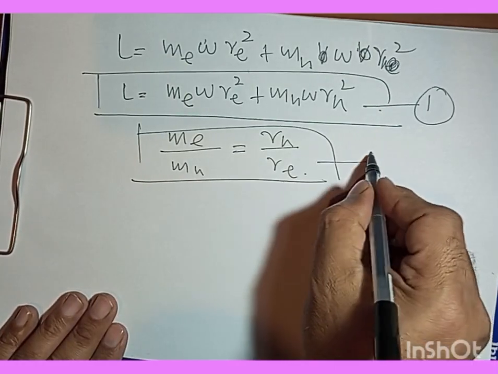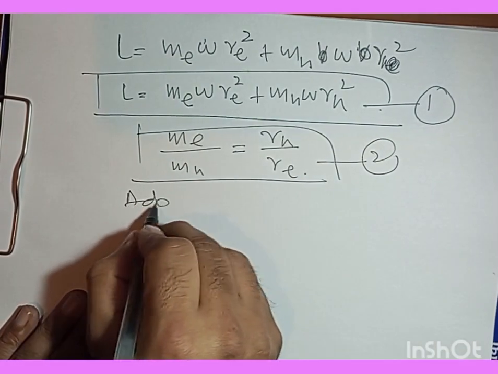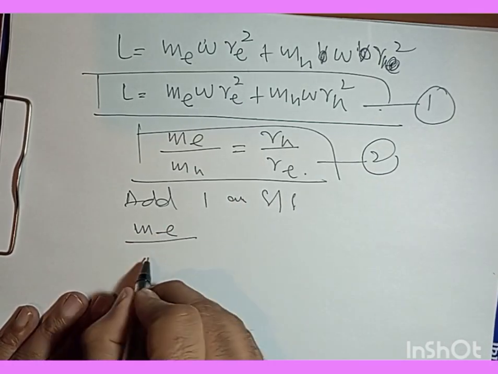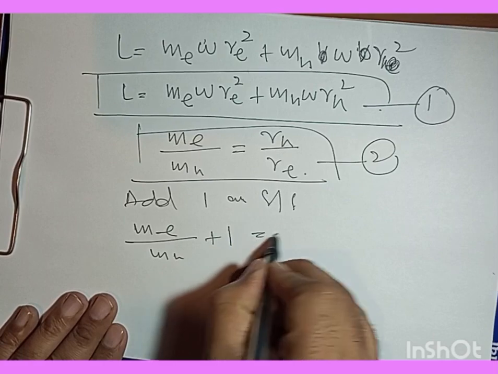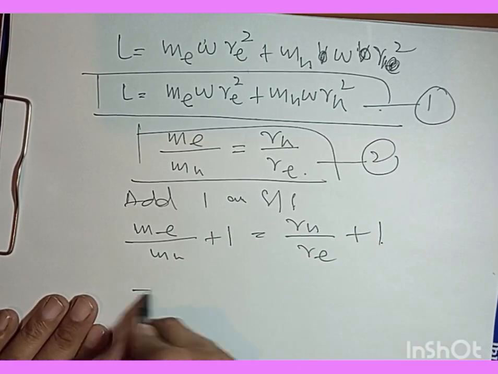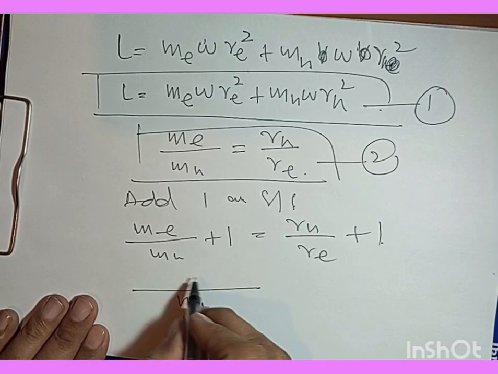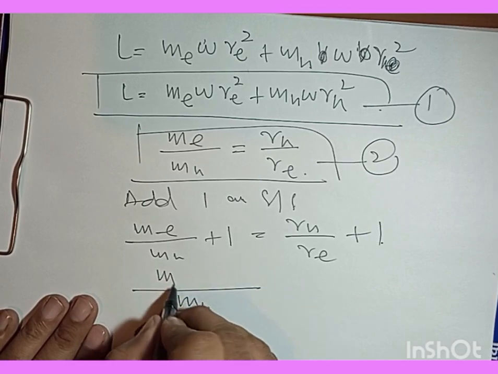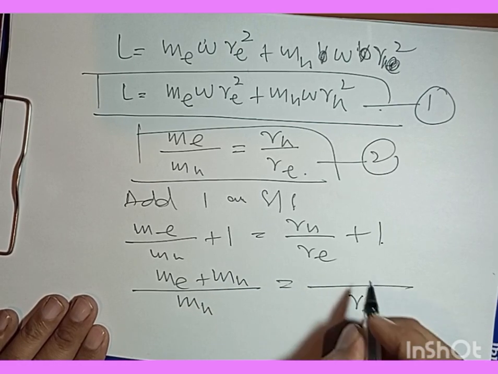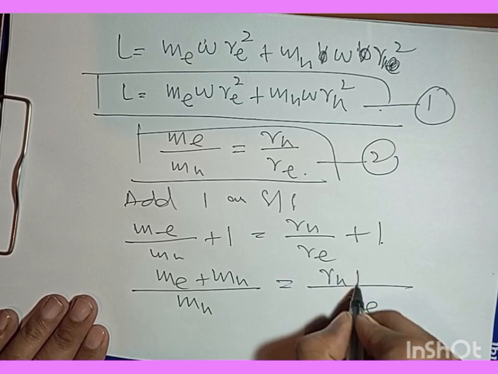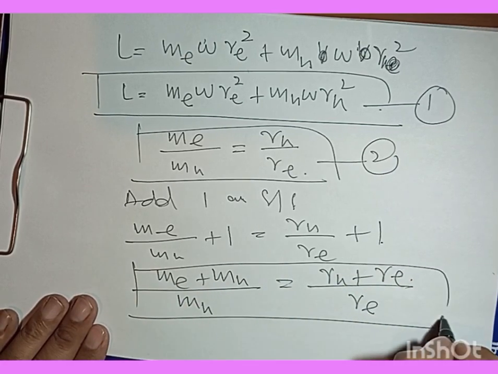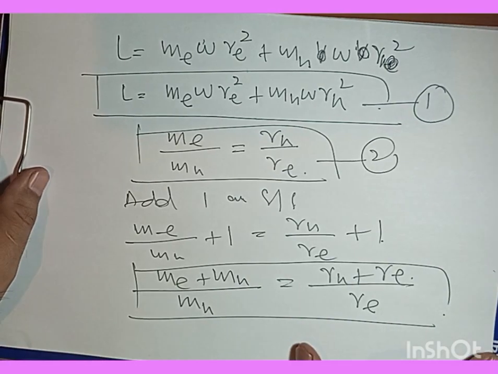And in this equation, equation 2, I will add 1 on both sides. What I'll get is Me by Mn plus 1 is Rn by Re plus 1. So here I'll get Me plus Mn in the numerator over Mn, and here I'll have in the denominator Re and in the numerator Rn plus Re. That should be clear.